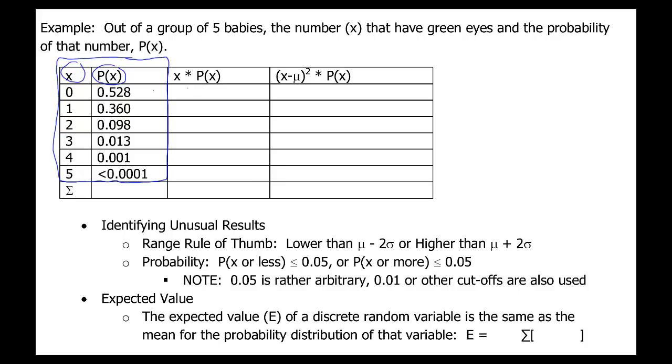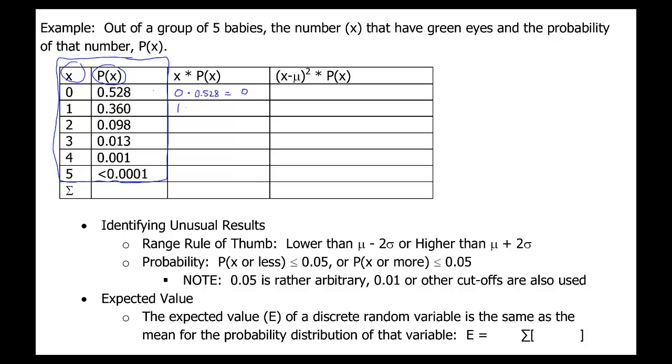So the equation for the mean was the sum of each x times the probability of x. So I'm just going to take each x, so x in this column is 0, times the probability of x, which was 0.528. And if I multiply that out, you get 0.